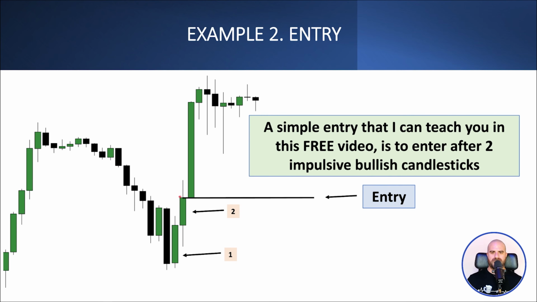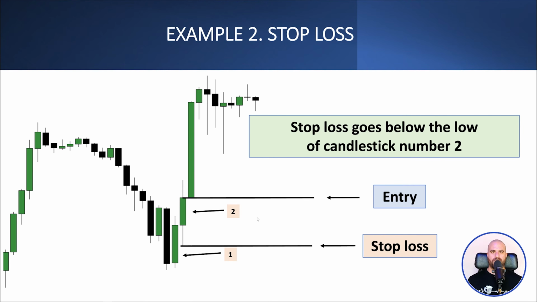So your entry is going to go exactly at the top of candlestick number 2 out of the two bullish candlesticks that we talked about, number 1 being this one and number 2 being this one. And your stop loss is going to go again, as in the previous example, just below candlestick number 2, the low of candlestick number 2.